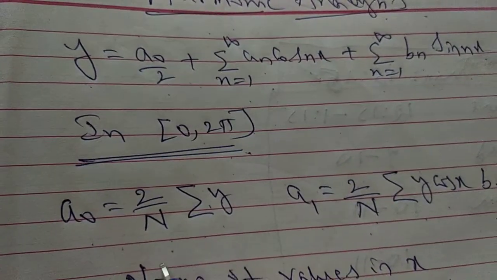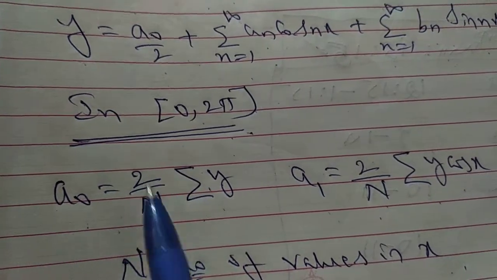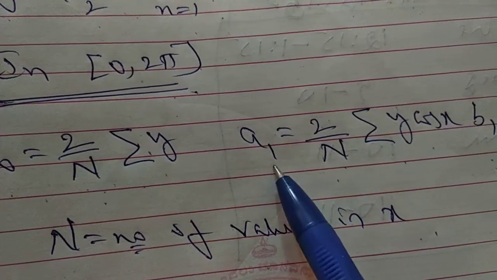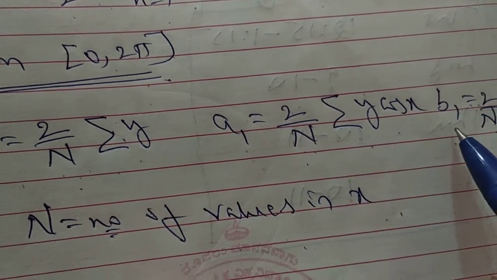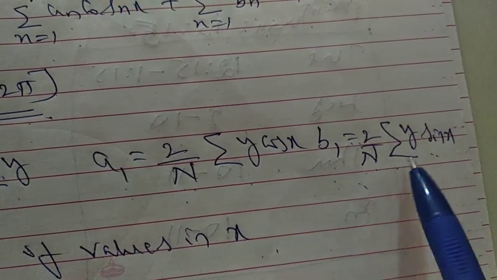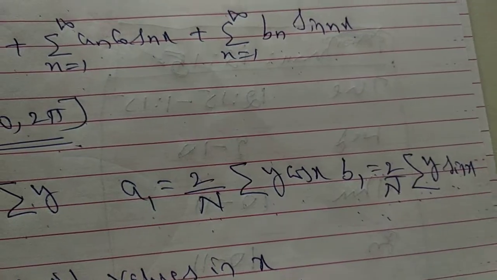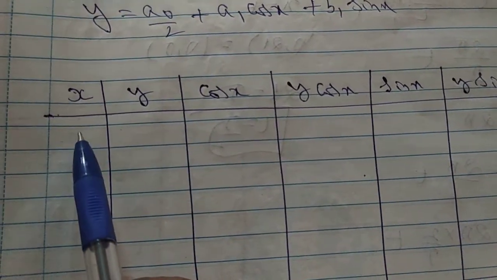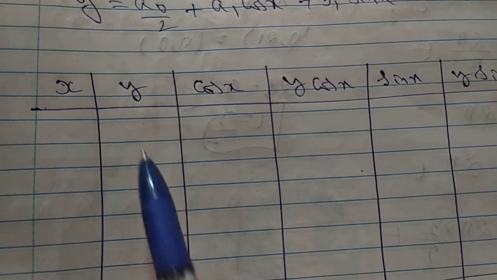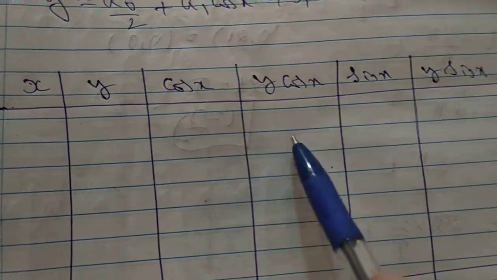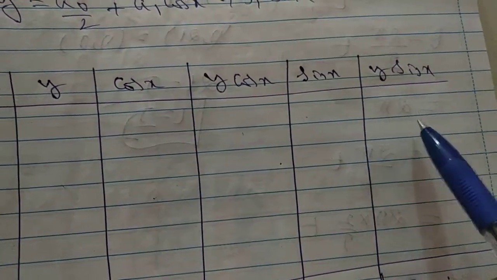Now a naught is given by the formula 2 by n summation of y, a1 is given by the formula 2 by n summation of y cos x, and b1 is given by the formula 2 by n summation of y sin x. For this you have to write a table. You write x, the given values, then y, cos x, y cos x, sin x, y sin x.